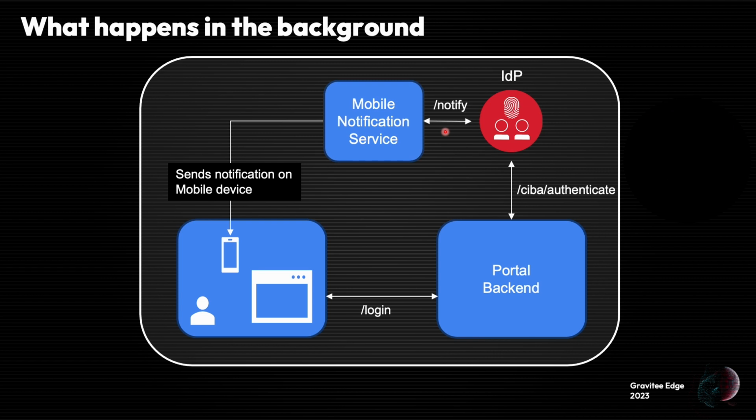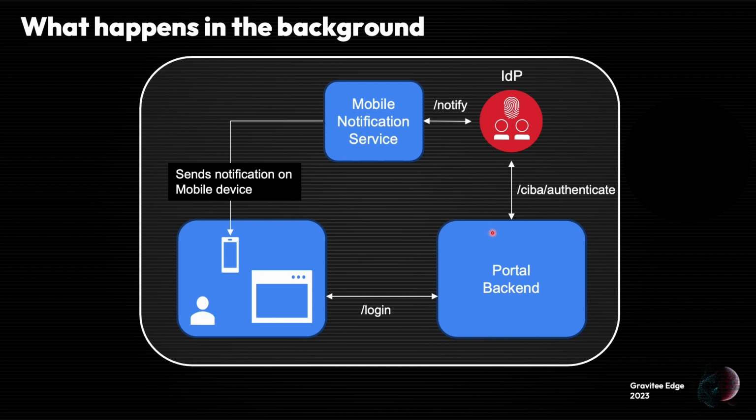This external notifier service is responsible for checking device binding and other security checks, then sending a notification on the mobile device. As per the CIBA spec, the external notifier service has to respond back to Gravitee with the TID and the state it has received in the request from Gravitee to indicate that the mobile notification has been sent.